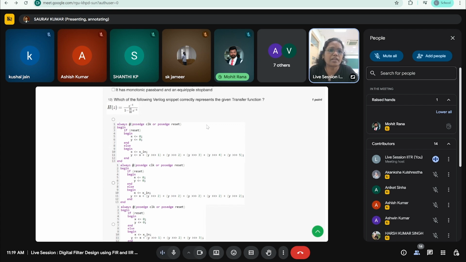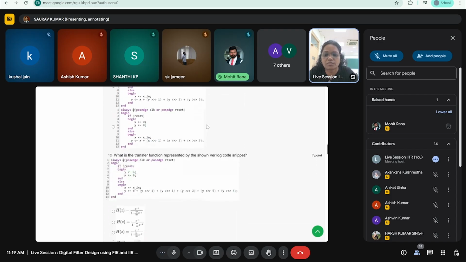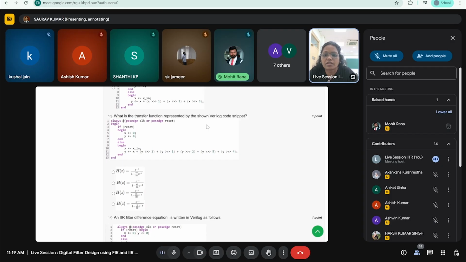I have explained that in one of the lectures. Please go through that and then answer these questions here, the transfer function also. And similarly, suppose an equation in the Verilog code is given, which transfer function does it represent? The transfer function of the filter.